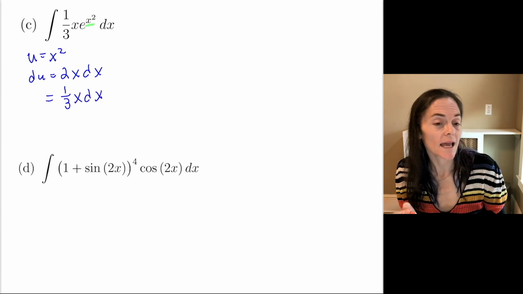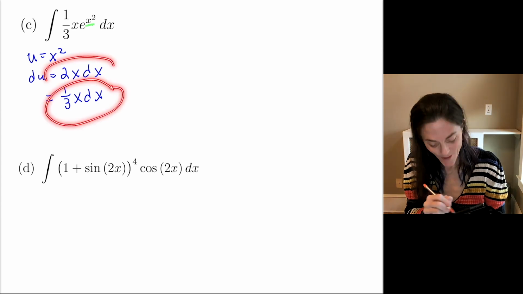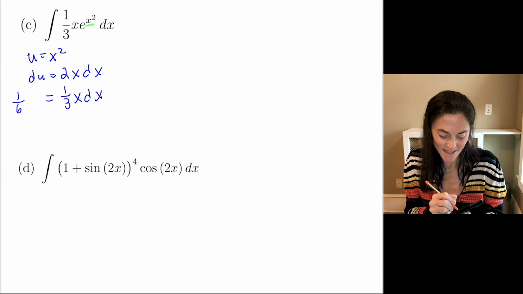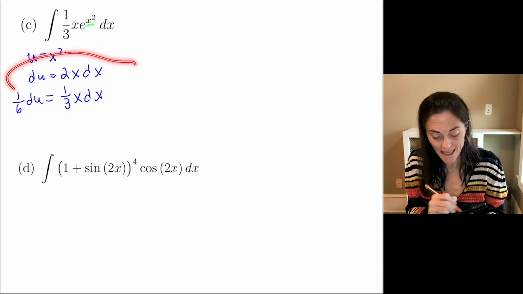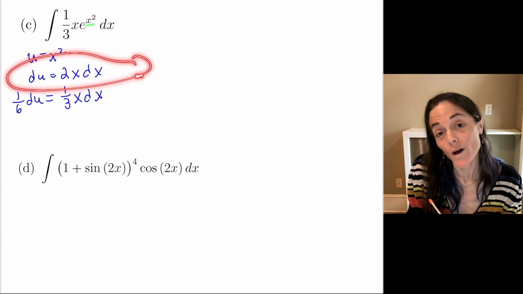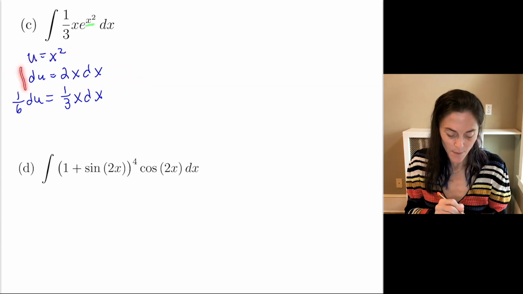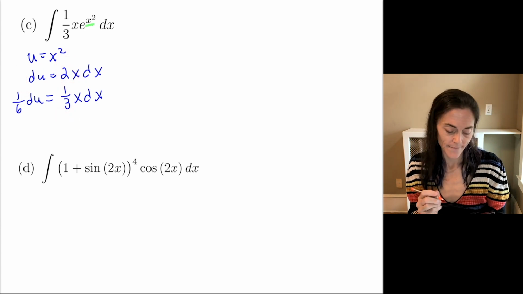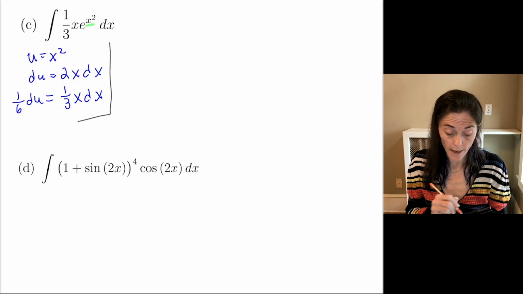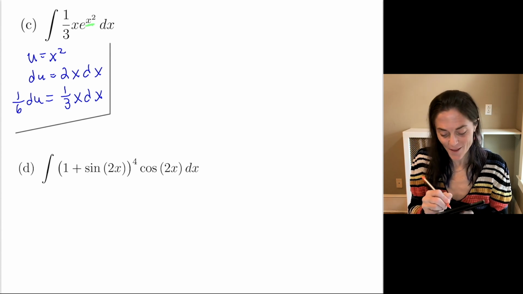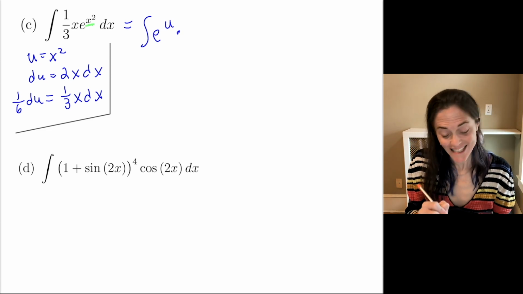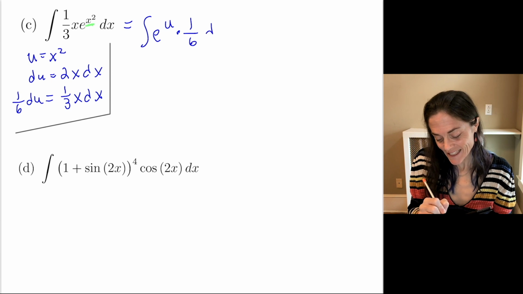So you notice, how can I get this from here? Well, let's divide by 2 and also divide by 3. So this is 1/6 du. And you can check. Take this line, multiply through by 1/6. This side becomes 1/6. This side becomes 2/6, which is this. So in fact, I have the correct multiplier here. Now let's keep going with our integral. Okay, so we have an integral, e to the u, and then 1/3 x dx is 1/6 du.